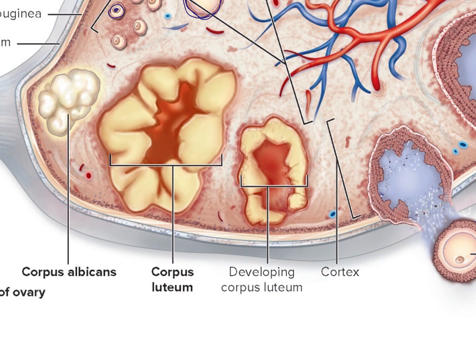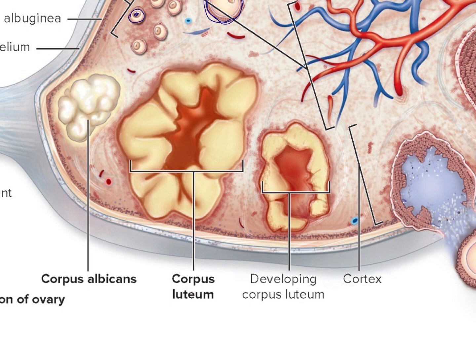That progesterone will stay high for a period of time. If there is no pregnancy established, there's no signal to maintain the corpus luteum, and it will start to die off and regress. It goes from a corpus luteum, which means yellow body, into a corpus albicans, which means white body. The corpus albicans doesn't produce any hormones.